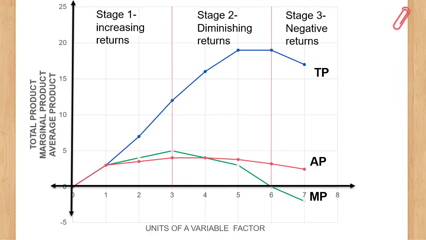Let us study the second stage again with the help of the diagram. We just read that in the second stage, both average product and marginal product start declining, because total product is increasing at a decreasing rate. You can see here the marginal product curve cuts the average product curve from above, and later on, the average product is greater than the marginal product.